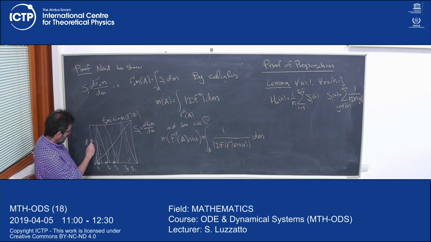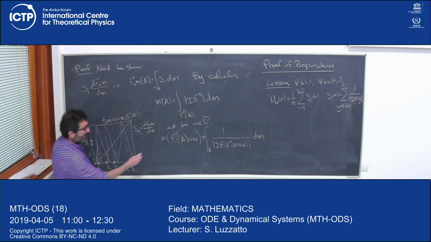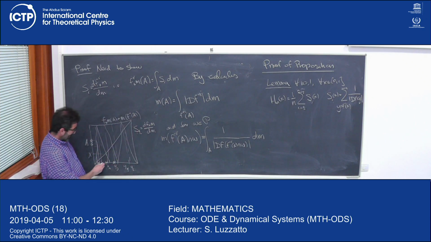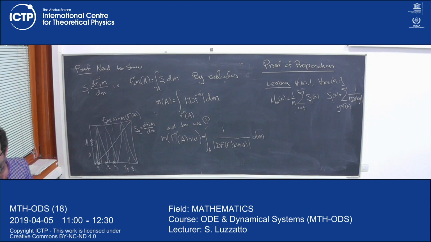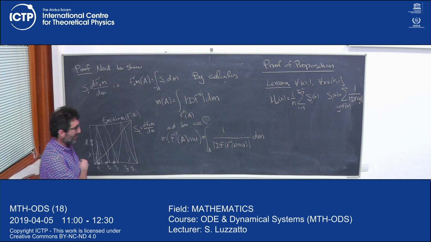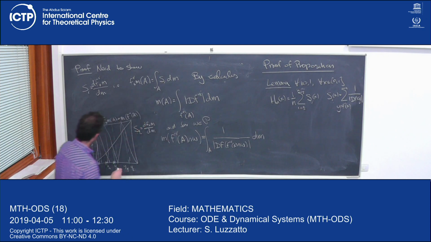So x is in here, f minus I is the point inside f minus I of A intersect omega, and the 1 over the derivative there is the same as the derivative here. It's a bit harder to say than to understand; you need to think about that a little bit.